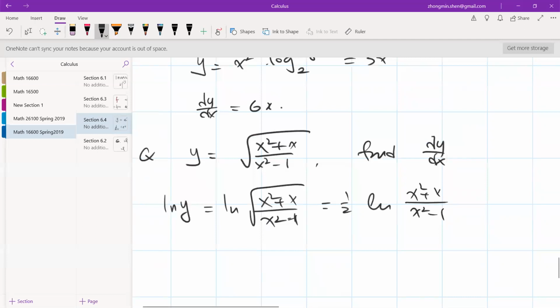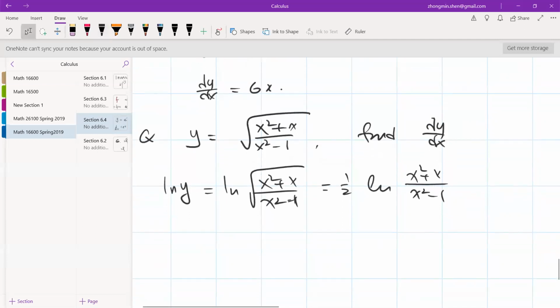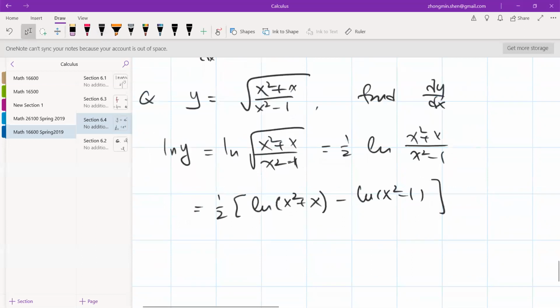Then you will continue. You will get half natural log of x squared plus x minus natural log of x squared minus 1. So now it's lined up. Good. Although you have more terms, they're staying in line instead of stacked together. Much easier to handle.